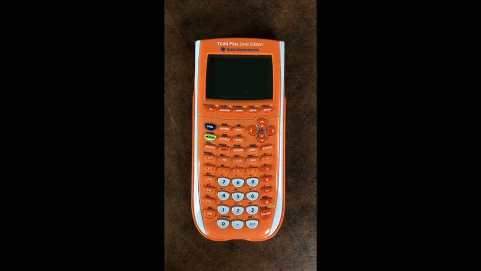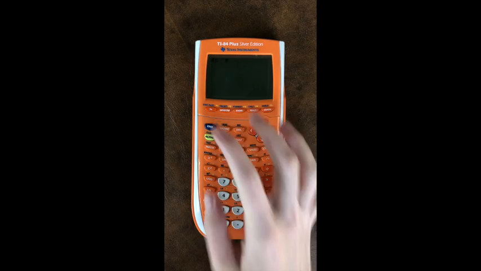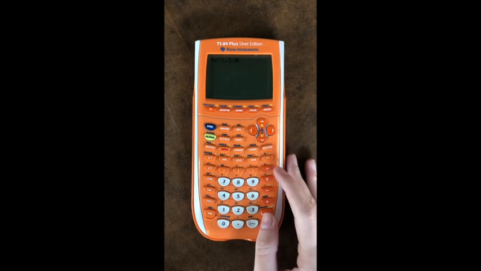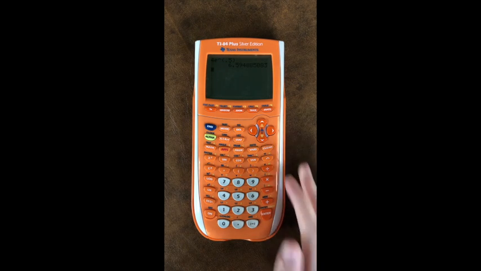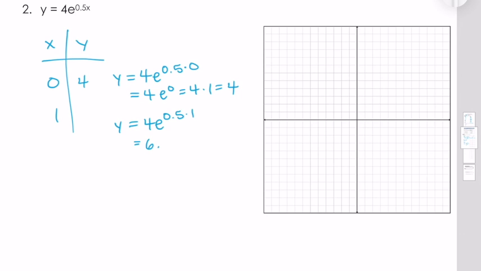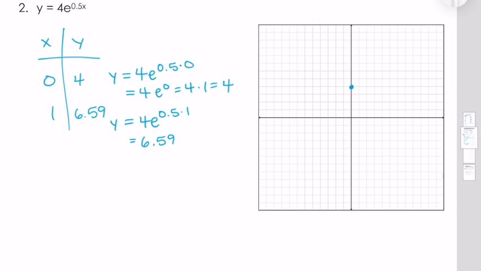For number 2, when we're plugging in 1, we are going to have 4e to the power of 0.5 times 1, which is just 0.5. And we end up with 6.59. Right, now that we know that y value when x equals 1 is 6.59, we can plot those 2 points, 0, 4, and 1, 6.59.